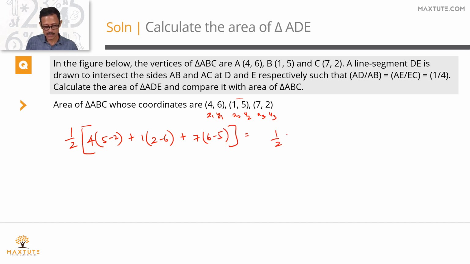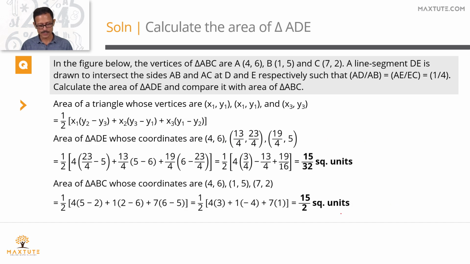So this is equal to half into 4 into 3, which is 12, minus 4, which we'll keep this way, plus 6 minus 5 is 1, plus 7. So this is 12 minus 4, 8, 8 plus 7, 15. 15 by 2 is the area of triangle ABC.